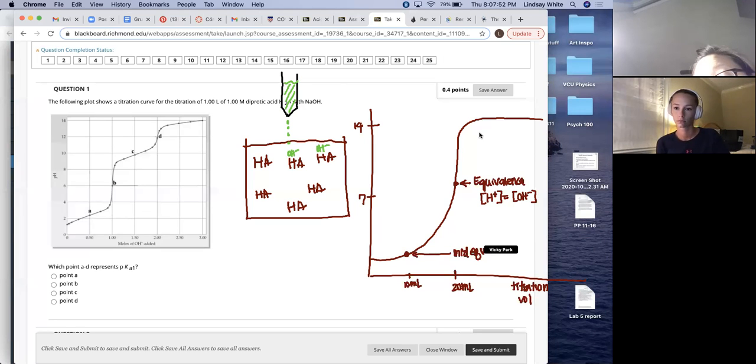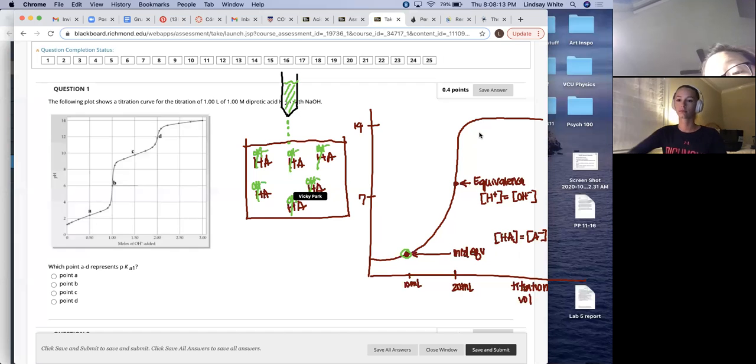Mid-equivalence point means when acid equals its conjugate base concentration. So look at it like this. We are halfway there. Do you see how we are halfway there? That's this. When I titrate it completely, and OH minus is equal to the concentration of H pluses, that's this.